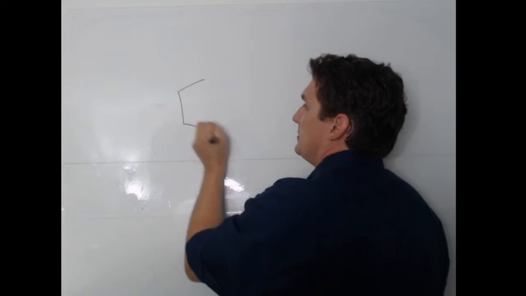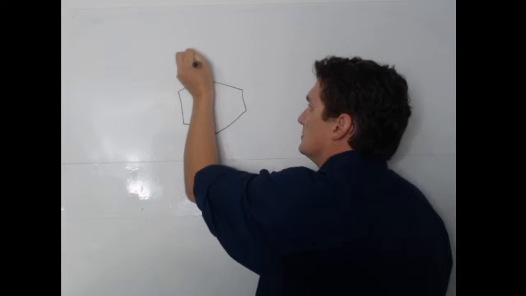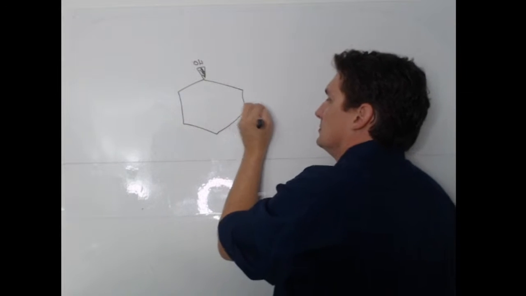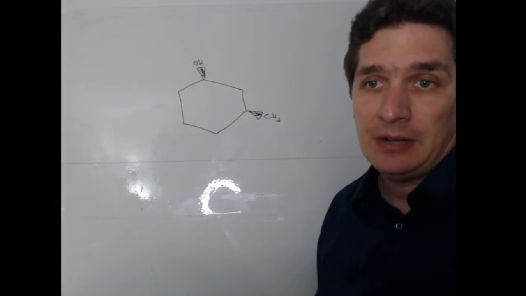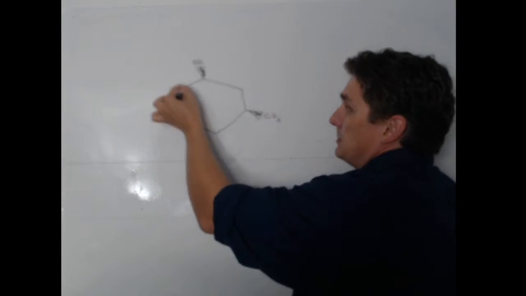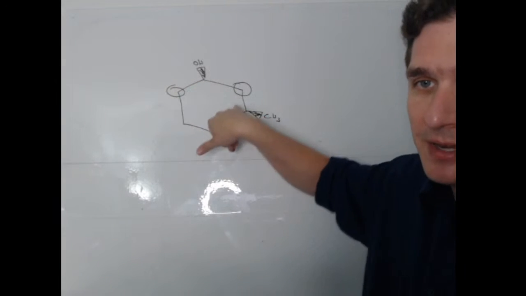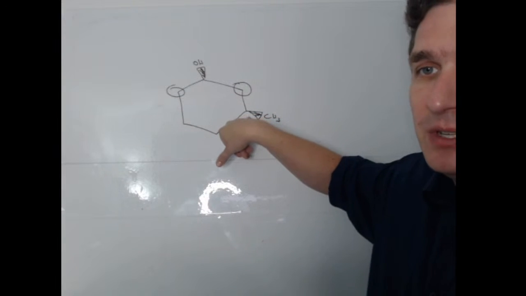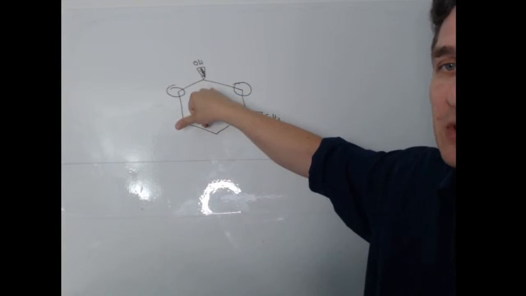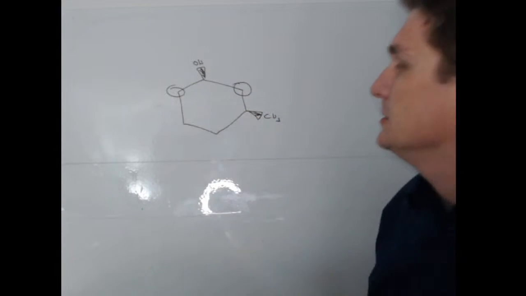So if we look at a much more simple molecule, this molecule has 2 chiral centers. Even though these are both CH2 groups, this is still chiral because we have to look left and right. So if we look left, we see a CH2, CH2, CH2, CH with a CH3 and CH2, and we're back to where we started. If we go the other way, CH2, a branch, CH2, CH2, CH2.